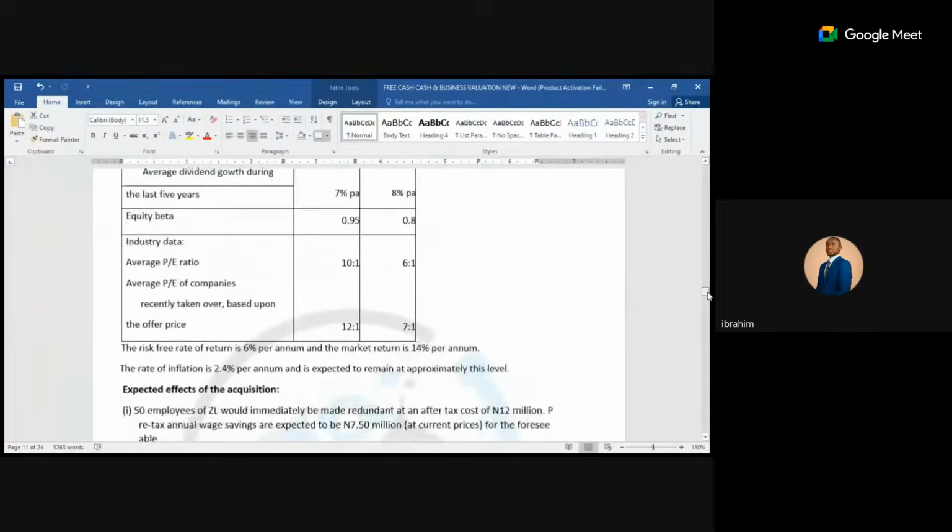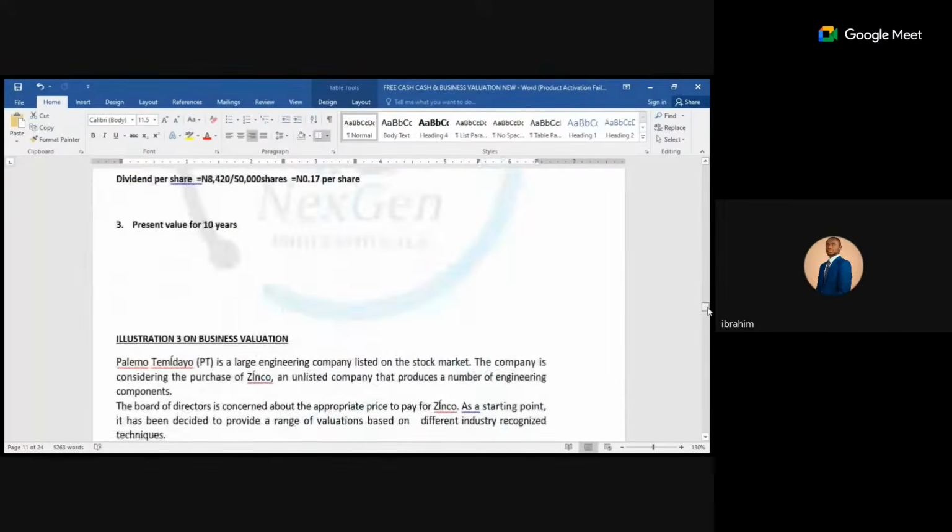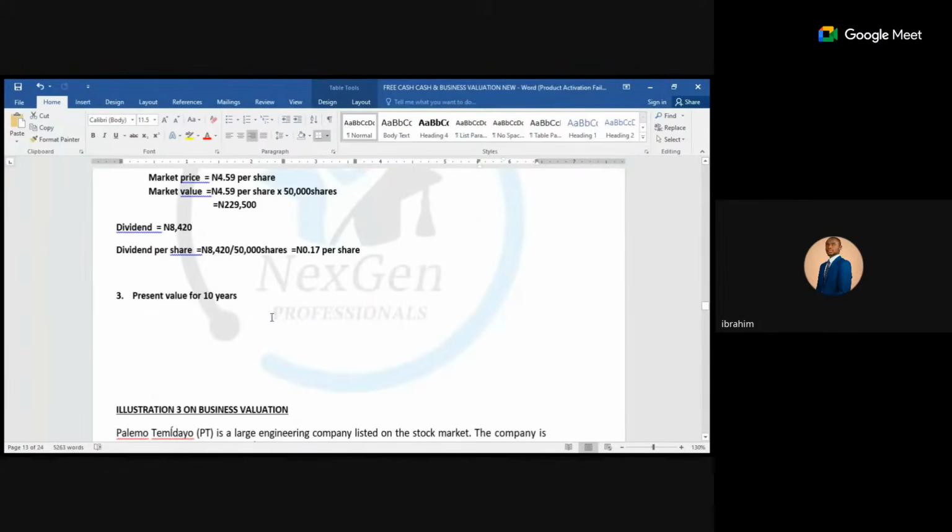So we can start with that. Net cash flow after tax. Okay.